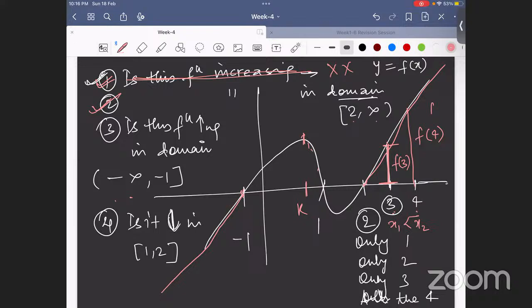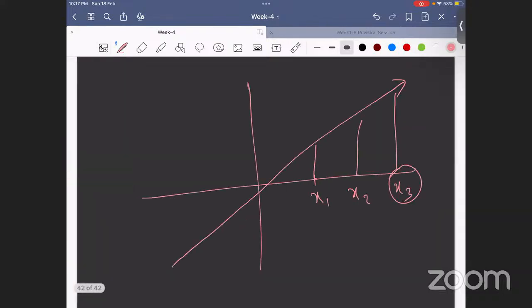In the first option, I was asking: is this function increasing? That means for all the values for which the function is defined. What do you mean by domain? Domain is all the possible values of x for which the function is defined, correct?